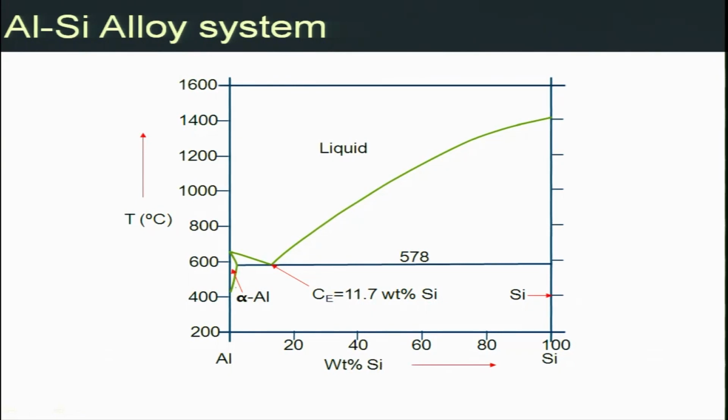The solid solubility of silicon in aluminum is virtually 0 at room temperature, but at the eutectic temperature it has a solid solubility of the order of a few weight percent, whereas the solid solubility of aluminum in silicon is virtually 0. So basically, within this phase field you will have alpha aluminum plus liquid.